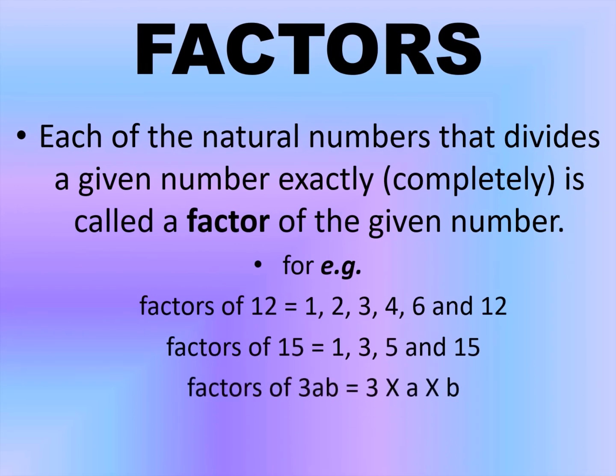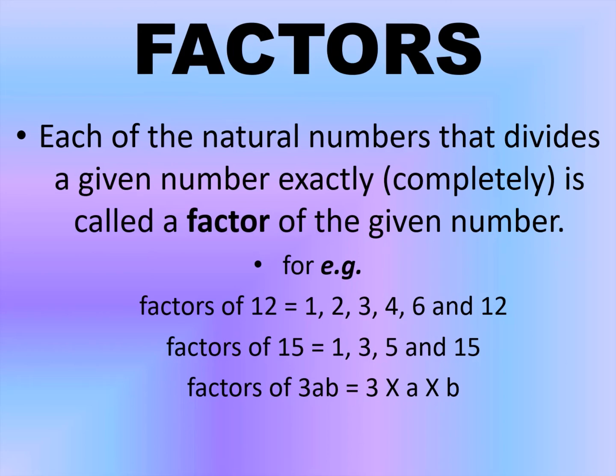Now let's see what factors mean. Each of the natural numbers that divides a given number exactly or completely is called a factor of the given number. For example, factors of 12 are 1, 2, 3, 4, 6 and 12.